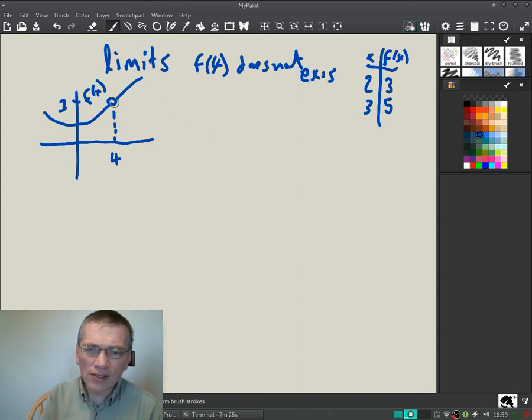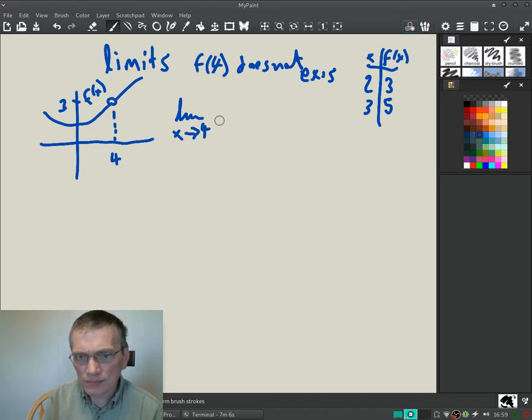So here, although we can't say what f of 4 is, we can say the limit as, so here's the x value, as x gets closer and closer to 4, this value gets closer and closer to 3. So as x goes to 4, the limit of f of x as x goes to 4 equals 3.